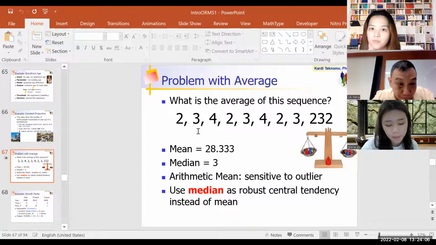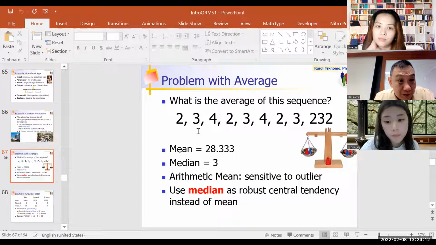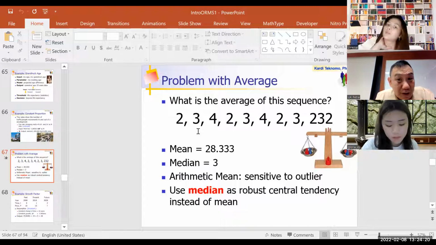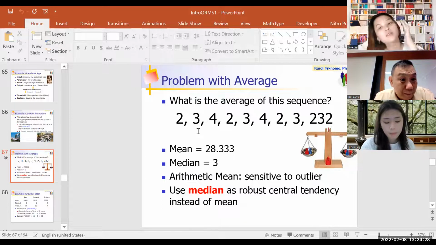Now, what happens if you calculate all of this? You use Excel. What is the mean? The mean means you sum all of this divided by the number of data. Then you will get 28.3, but the median is still 3.